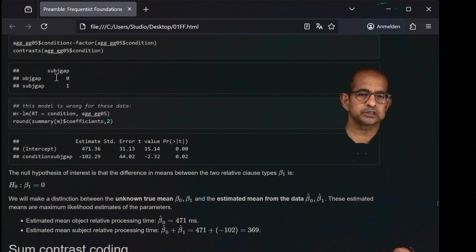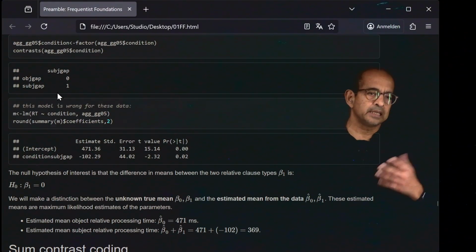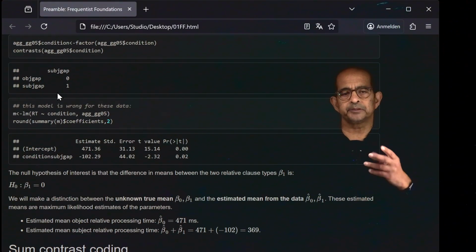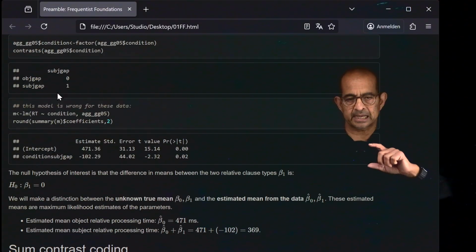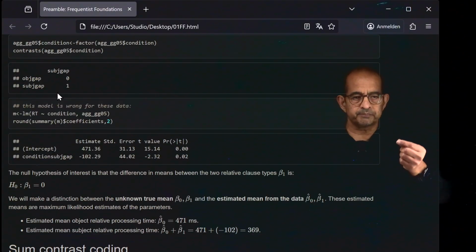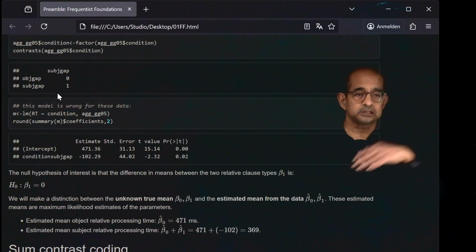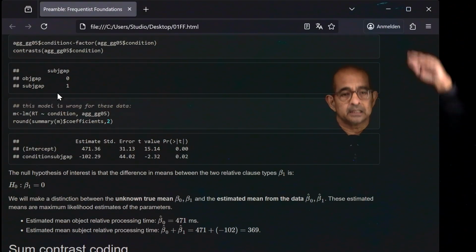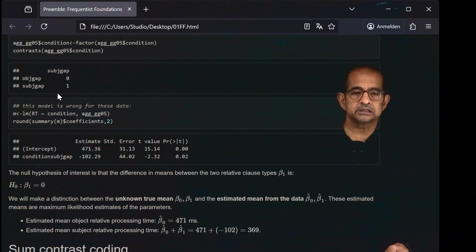Which one you code as -1 and +1 is really up to you, but typically I decide which one will be plus and which one will be -1 based on whether I expect the slope to represent a slowdown or a speed up. I will make that clear in a moment, right?